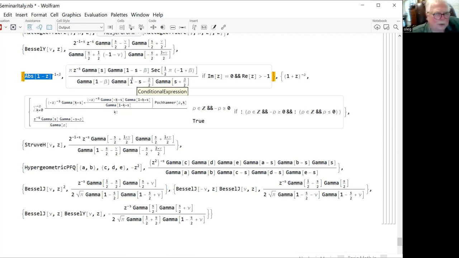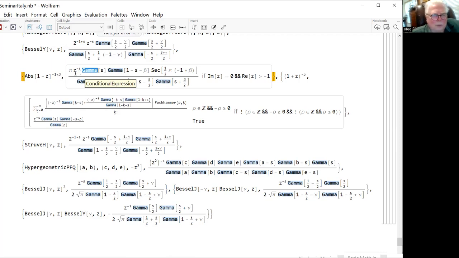But how many free parameters are here? Only beta. If I put here S plus nu, and here plus mu, I can introduce additional parameters. So we have 4 of these with 3 parameters. In particular cases, this will be a Cauchy kernel. It means the Hilbert transform.